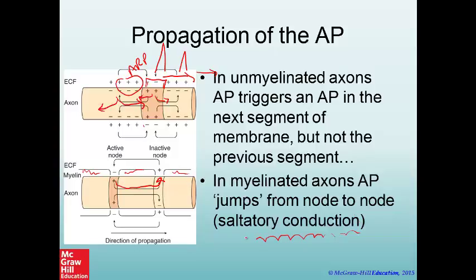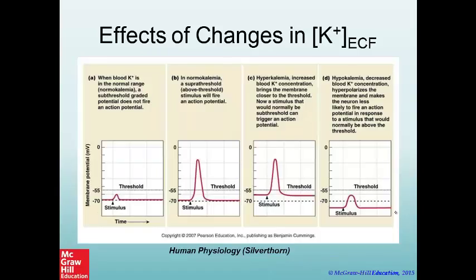So by the time you get from point A to point B, it has taken longer than if the person sitting at the beginning had just thrown the object and the person at point B had caught it. So conduction in unmyelinated axons is slow, and conduction in myelinated axons is fast.